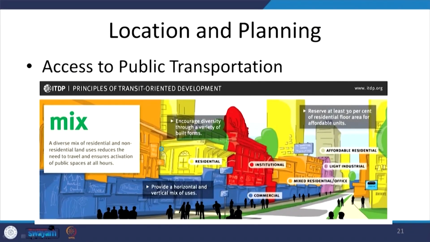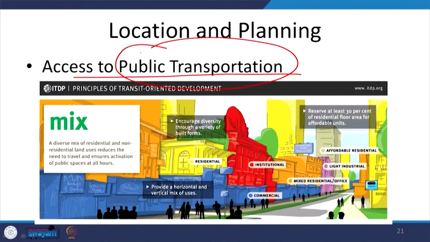One very important thing which we will look at in detail in further lectures is the access to public transportation. Many large cities in the world are facing a problem because they never paid attention to how public transportation should be developed.